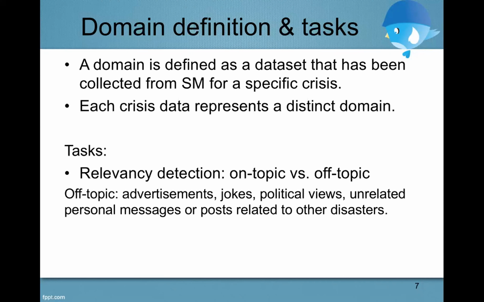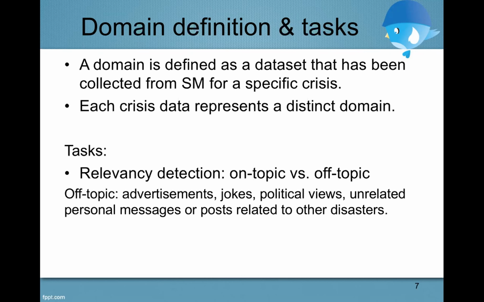When investigating the off-topic tweets, we find that most of them are advertisements, jokes, political views, or related personal messages, or sometimes a post about a different crisis, because we found that people tend to talk about other crises within the hashtags or events of one crisis.